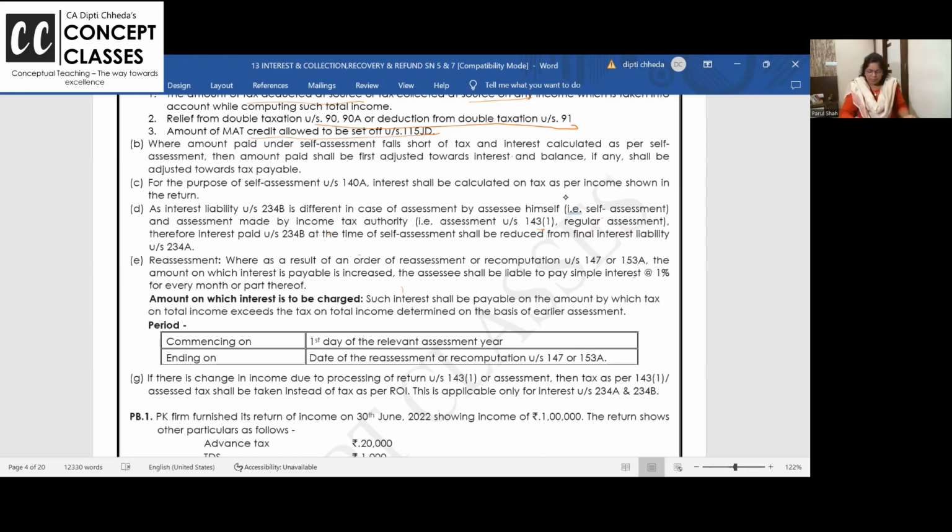Simple. Interest is always calculated from the first day of the financial year till the date of reassessment. Under 147, income escaping assessment is reassessed or recomputed. If there's a change in income due to processing of the return, then tax will also change.